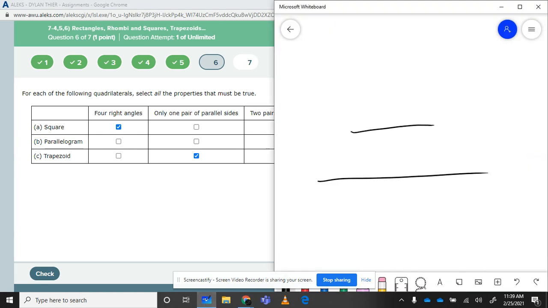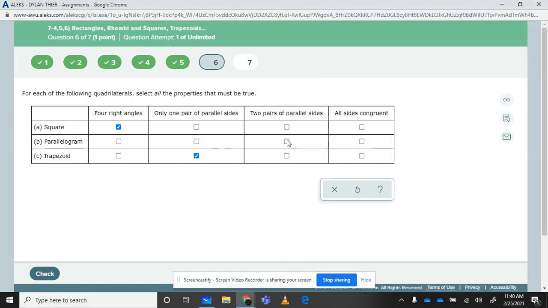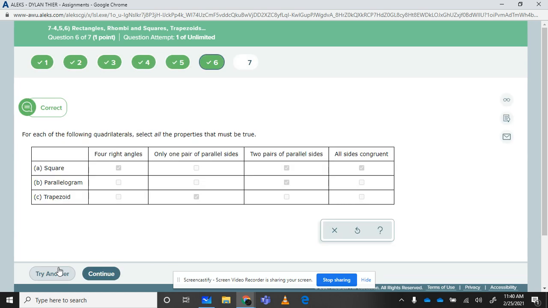You've got a pair of parallel sides, and then a pair of non-parallel sides that would eventually cross over at some point if you let them. So that would be a trapezoid, only one pair. 2 pairs of parallel sides is a parallelogram. That also works for a square. And all sides being congruent, I think is only the definition of a square. I don't think that's the definition of any of these other ones.